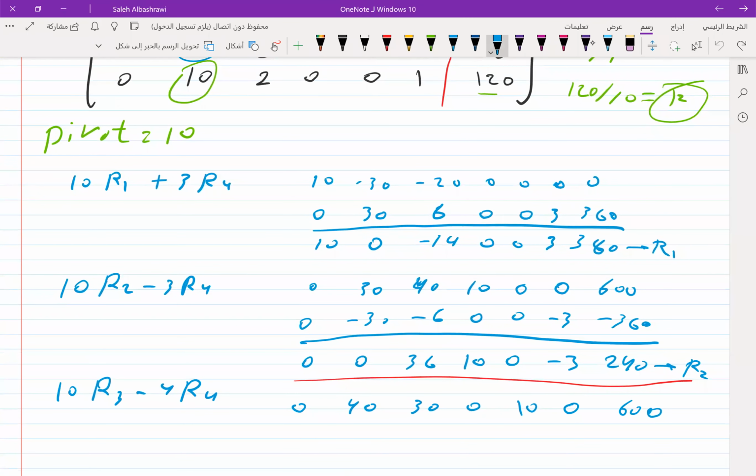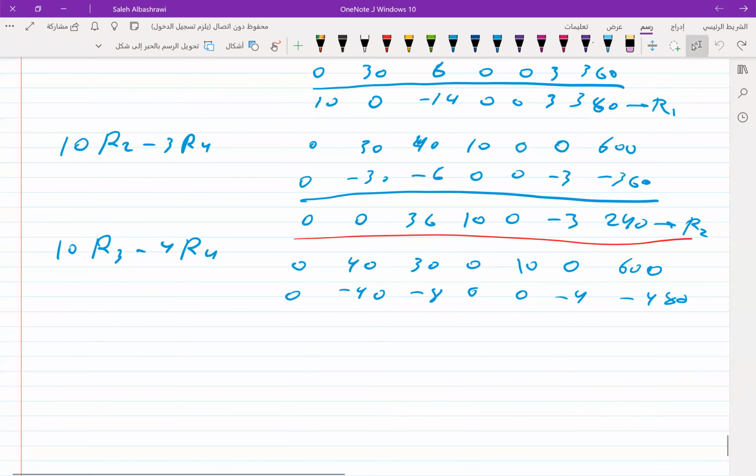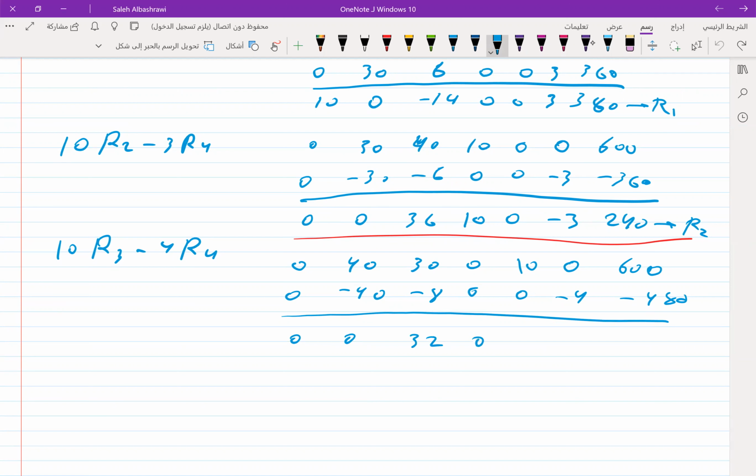By minus 4, the fourth row, it is 0, minus 40, minus 8, 0, 0, minus 4, and minus 480. Add, I will have 0, 0, 32, 0, 10, minus 4, and 120. This will be now R3.